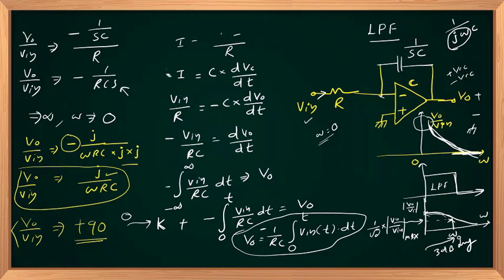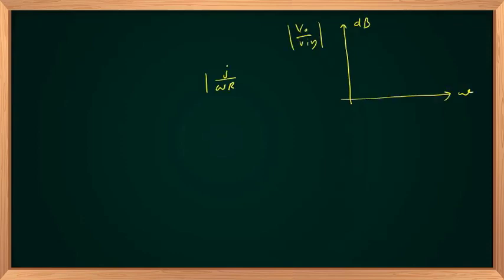Let us observe the behavior of the circuit with respect to omega and magnitude. The magnitude of j upon omega RC is root of a square plus b square. The a term is 0, root of b square is b itself, and that b value is equal to 1 by omega RC.